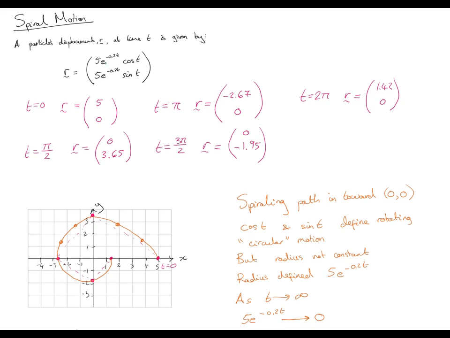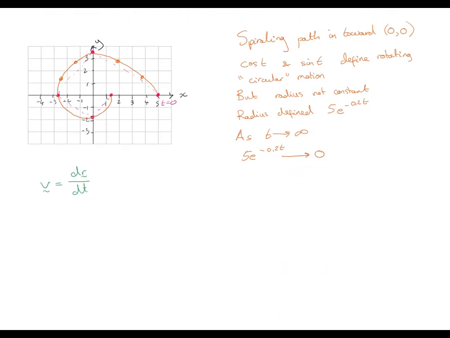You've got a composite function here, e to the power of some function of t, so you'll need to use the chain rule. And there are also two functions multiplied together in each component, so you'll need to use the product rule as well. But if you're comfortable with that, you're just differentiating the x component and the y component separately.